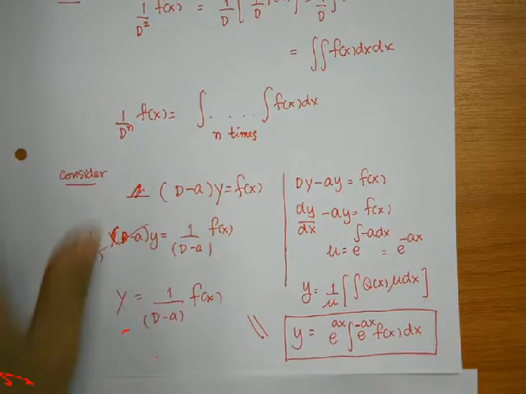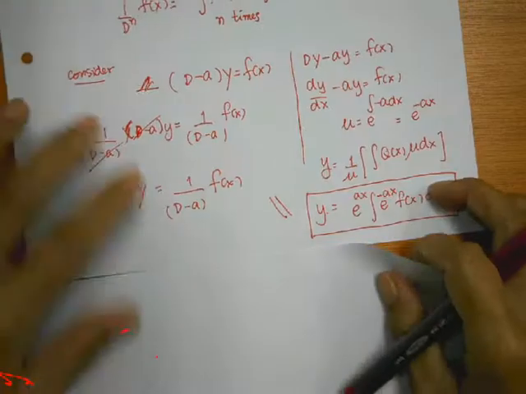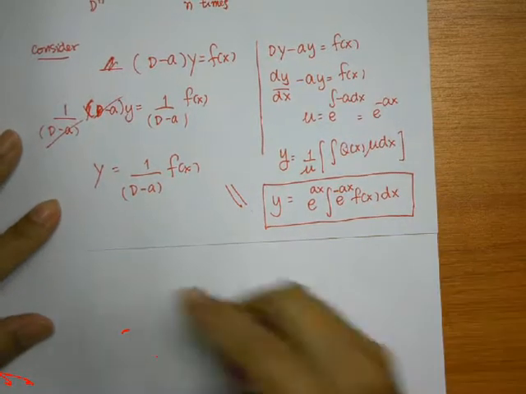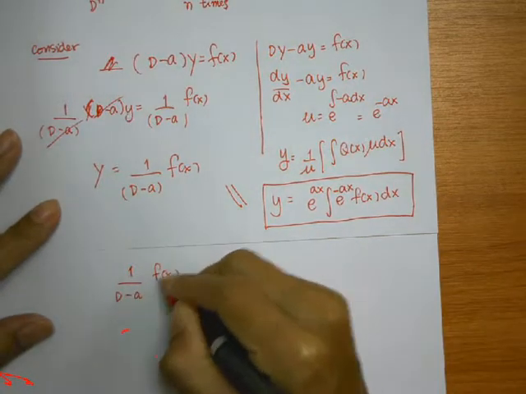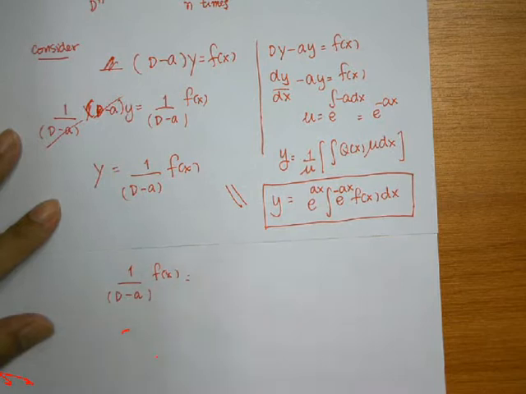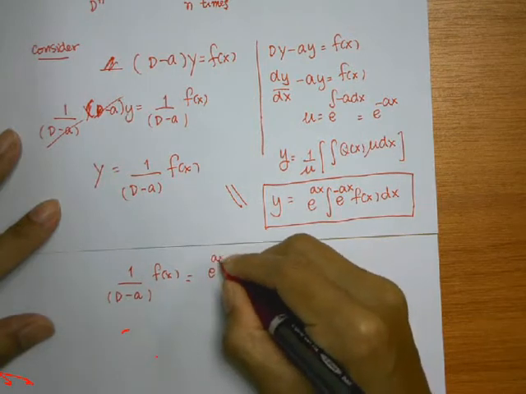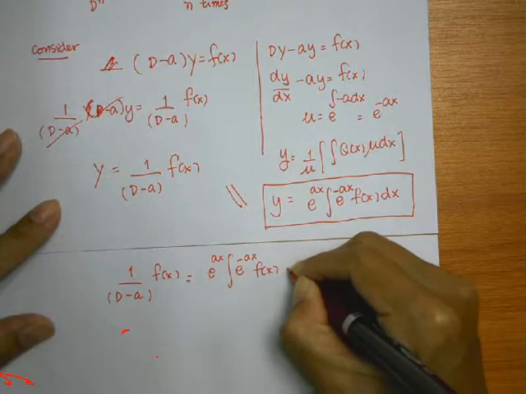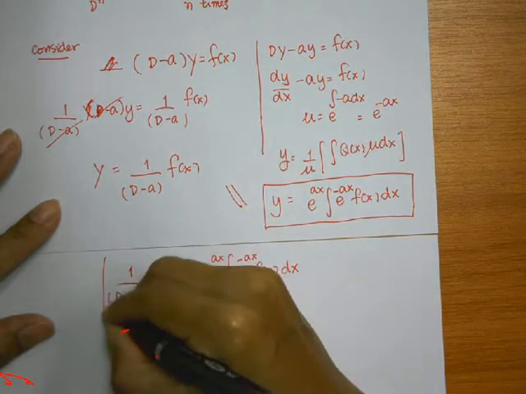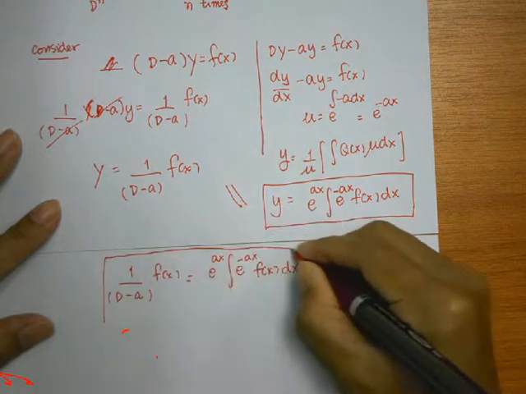So that means 1 over (D minus a) f(x) is equal to, that is the second formula.